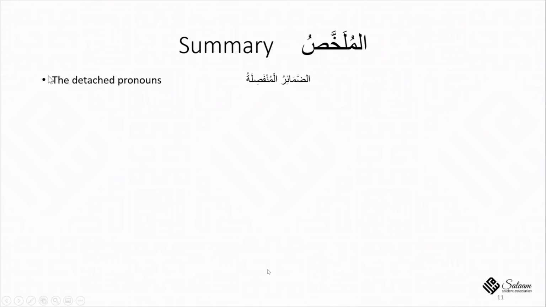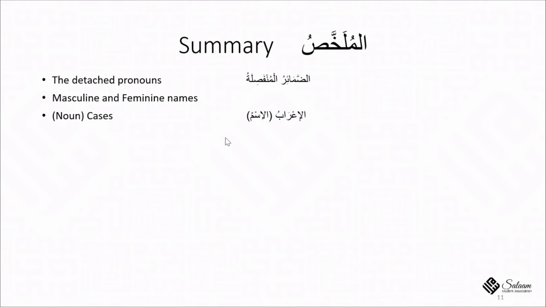Summary, very quick. I know we are over time. The detached pronouns, الضمائر المنفصلة, I, he, she, it, they, we, everything, and the difference between dual, singular and plural. Masculine and feminine names, some have tanween and some do not. Noun cases, الإعراب: if it's nominative مرفوع, it takes ضمة, منصوب with فتحة, genitive or مجرور with كسرة. The noun sentence, the first type of sentence in Arabic, الجملة الإسمية.